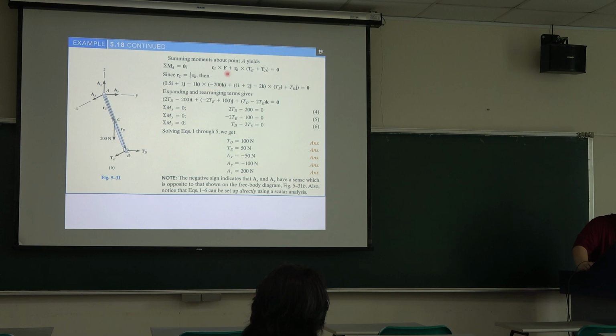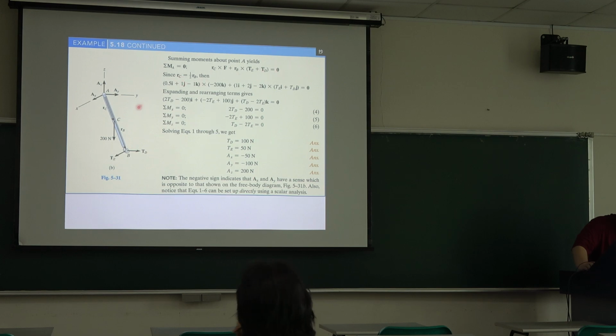So we can use the position vector rC cross the F, and the position vector AB, we call it rB, then cross the TE and the TD. So we can use this equation: the summation of every moment is equal to 0.